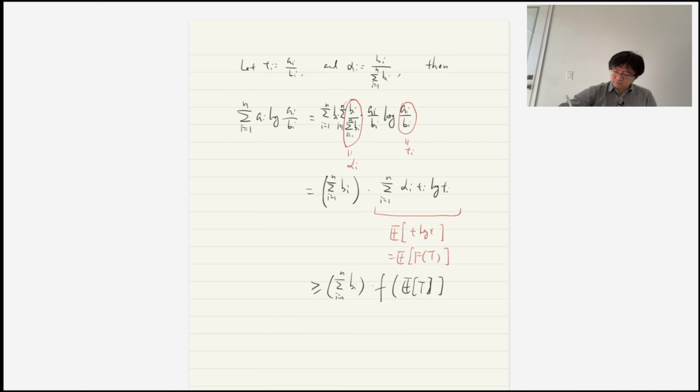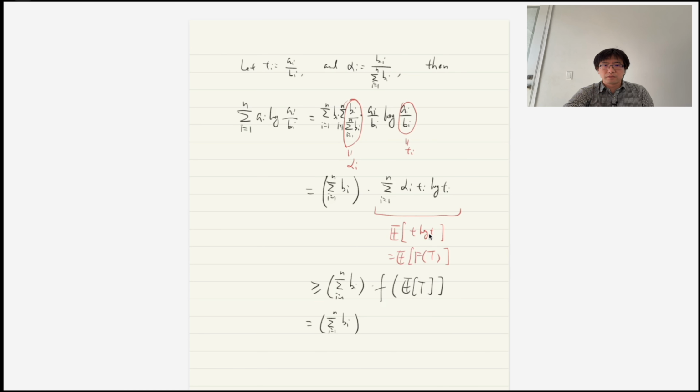Okay, so this is a function of the expectation. Now we need to write it out. Remember, our function is t log t.